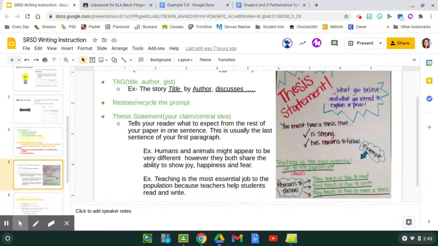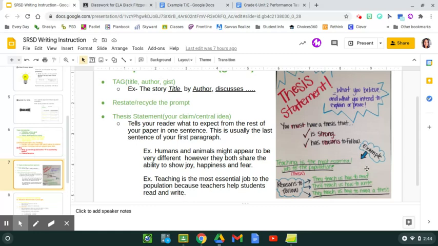This is the thesis from the essay that we're reading, the exemplar. And another example, teaching is the most essential job to the population because teachers help students read and write. So in this thesis statement, we know that the rest of the essay is probably going to be about how teachers help students read and how teachers help students write.